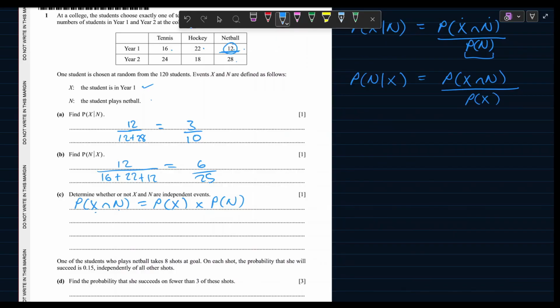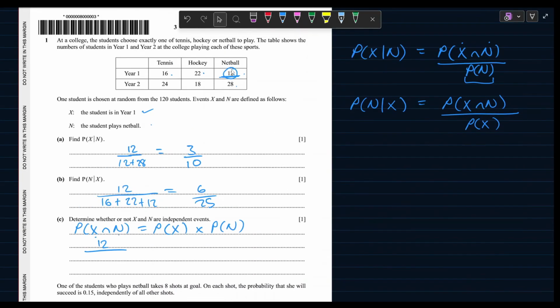So we've got 12 students like that, out of a total of 120 students. And this should be equal to the probability of X, which is the student is in year 1, so 16 plus 22 plus 12.